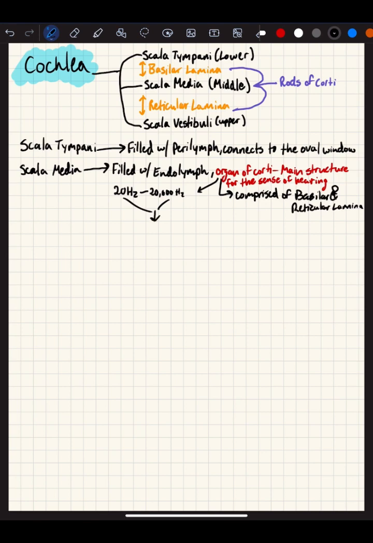The hair cells that are specifically close to the oval window tend to be stiffer and shorter in length, and this results in them being able to pick up high frequency sounds.